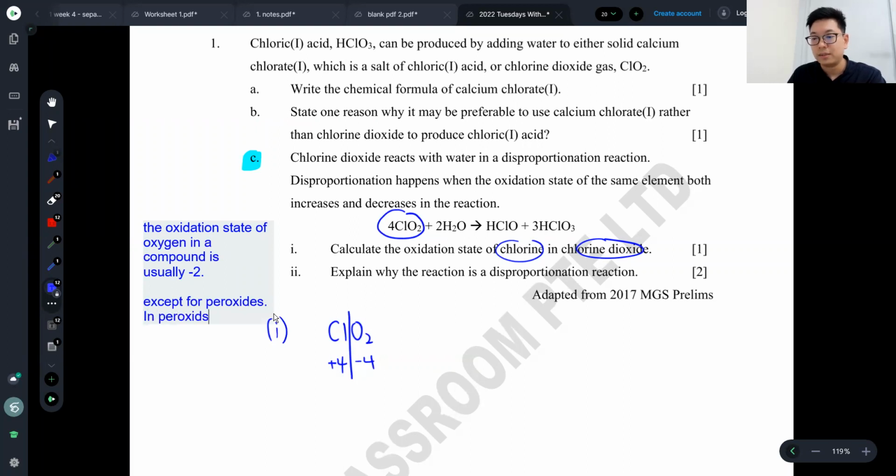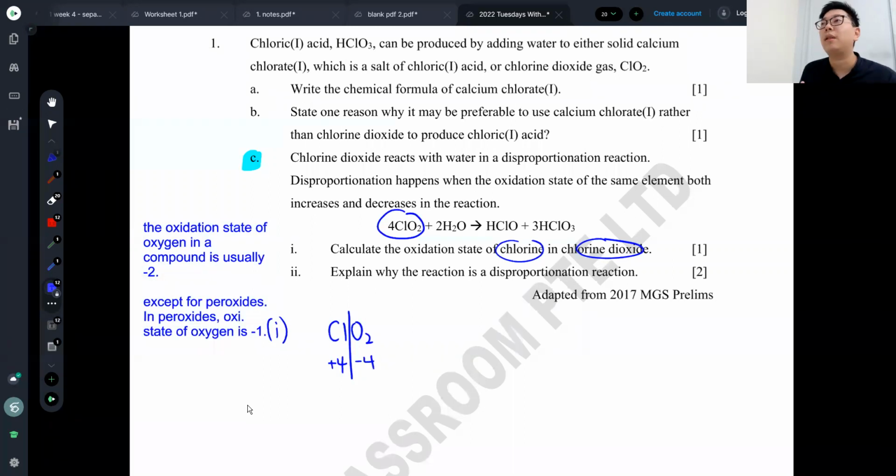In peroxides, the oxidation state of oxygen is -1. So depending on what the compound is, it's either -2 most of the time or -1.